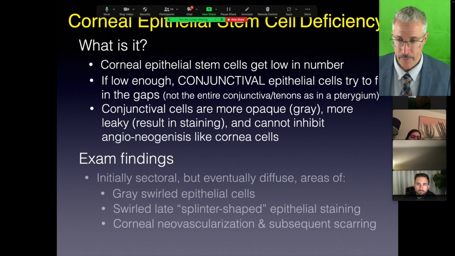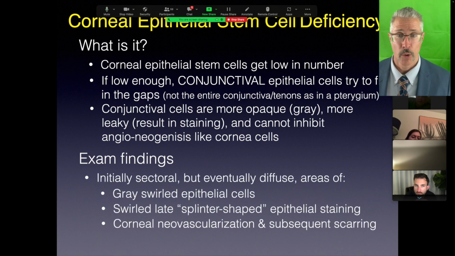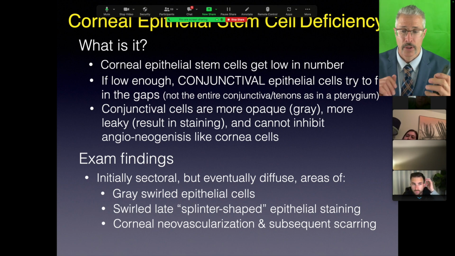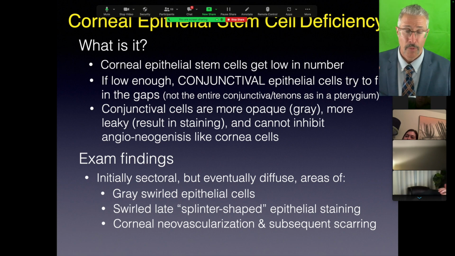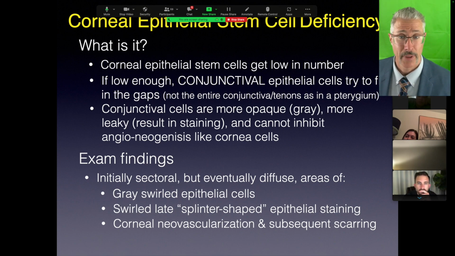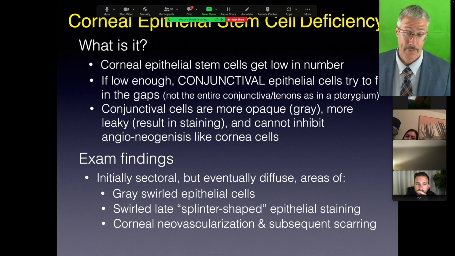So on exam, you're going to see this initially sectoral, but eventually diffuse area of gray swirled looking cells, maybe scotch tape looking lesions. They'll come from superiorly and almost always superiorly and then grow everywhere else. They'll have this late, iron filing splinter staining pattern. And if it's there long enough, you get neovascularization.